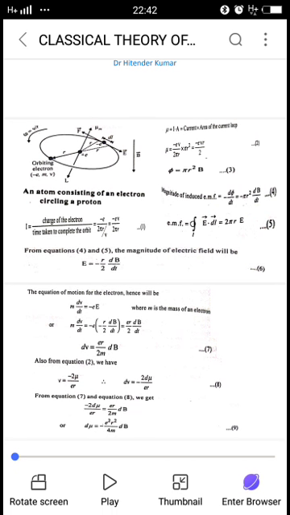Then from equations 4 and 5, the magnitude of the electric field is E equal to minus r by 2 dB by dt. We give it equation number 6.